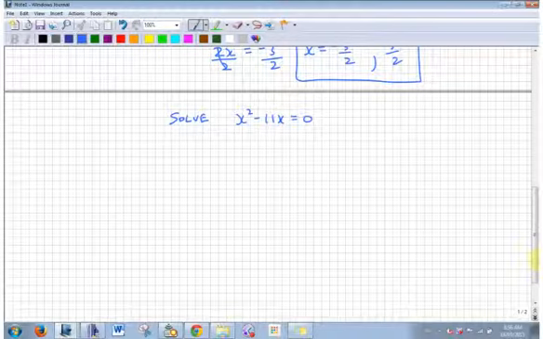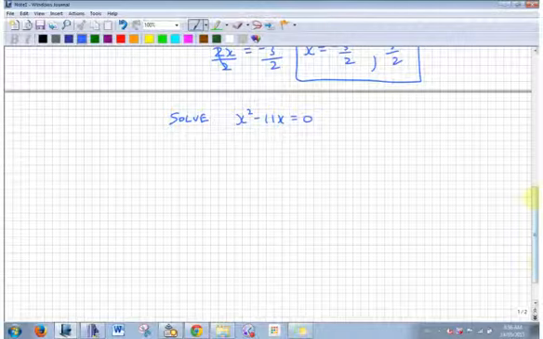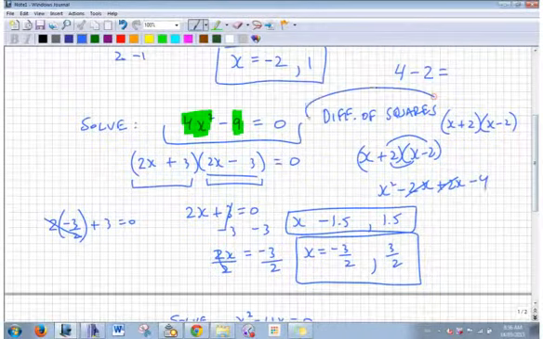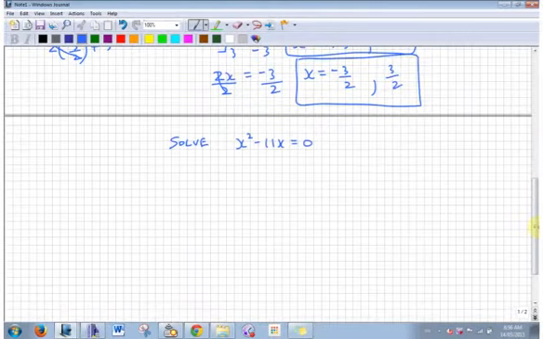That's not a trinomial. What am I going to look for if there's only two terms there? Is that a difference of squares? You know the square root of 11? I don't either.